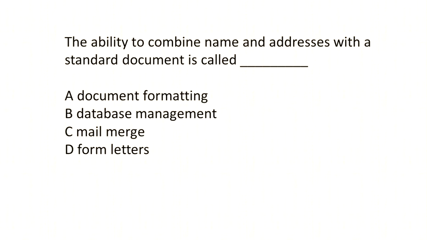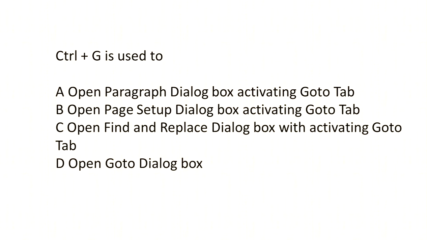Next, the ability to combine name and address with a standard document is called mail merge. Control plus G is used to open find and replace dialog box with activating go to tab.